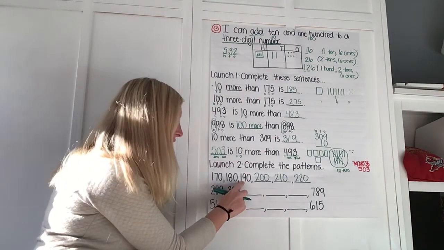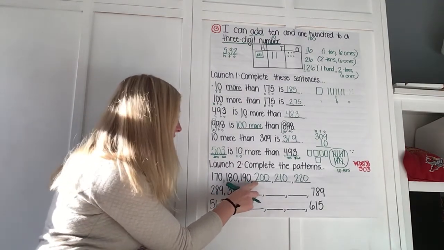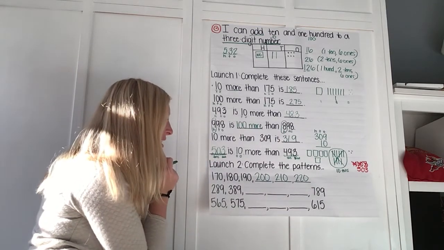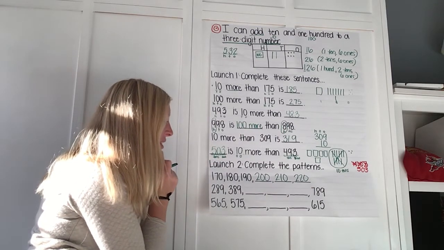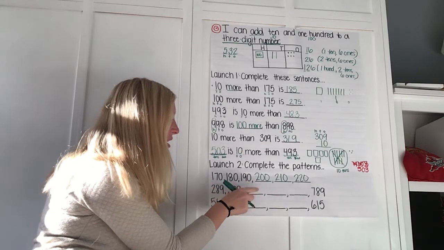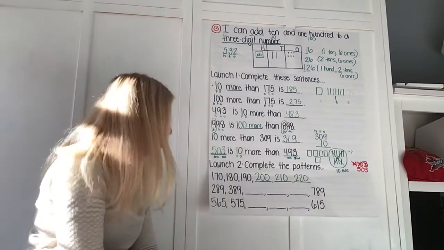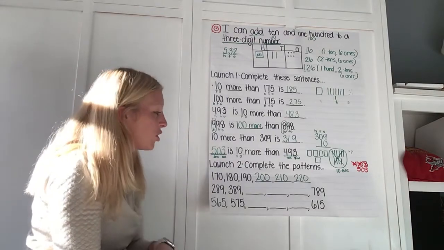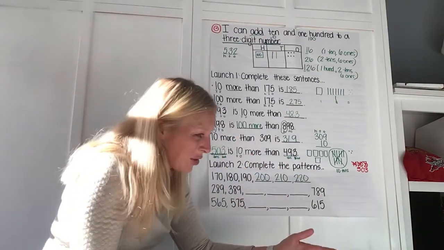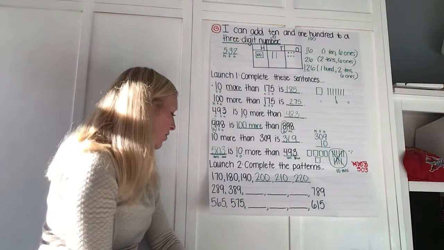It's like 19 tens and then 20 tens, a lot like this one, right? Oh yes, I love seeing that pattern. So 190, and just like 90 goes to 100, 190 goes to 200, and then 210, 220. What will come next? 230, 240, wonderful.